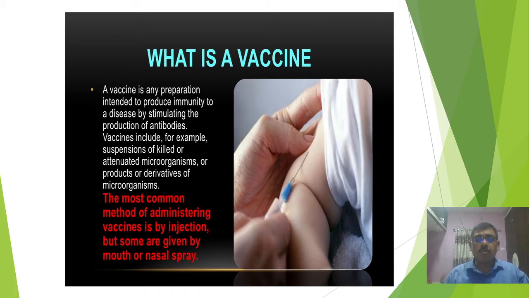The most common method of administering vaccine is by injection, like the corona vaccines Covaxin, Covishield, etc. But some are given by mouth or nasal spray, like the polio dose given orally. So a vaccine is any preparation that brings about immunity against a disease within the body by stimulating the production of antibodies.